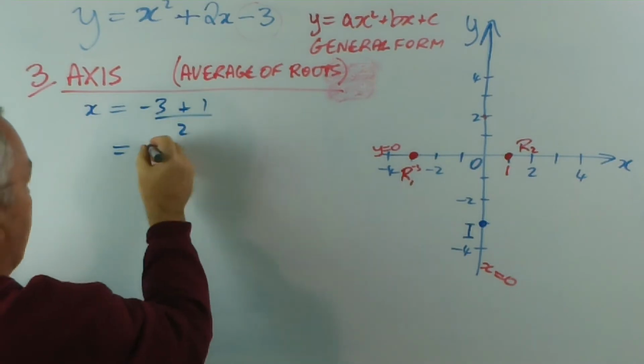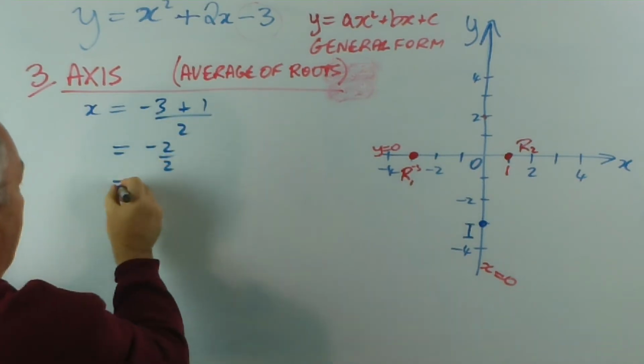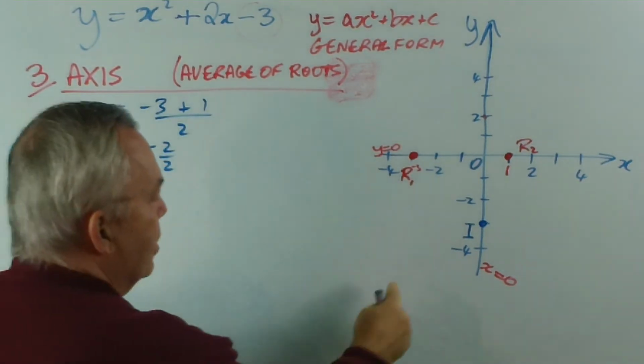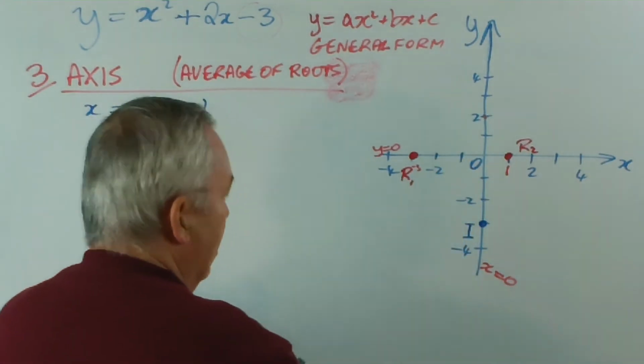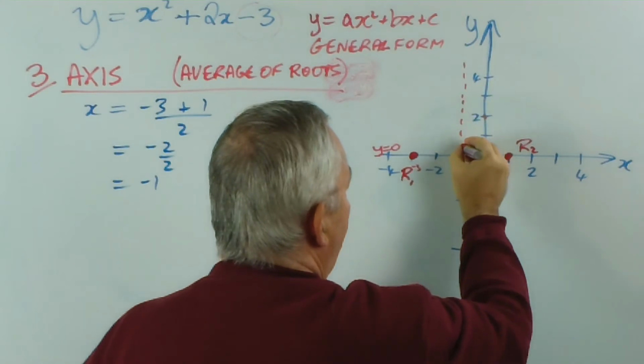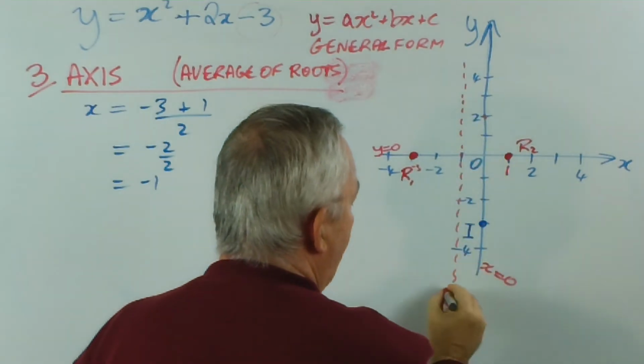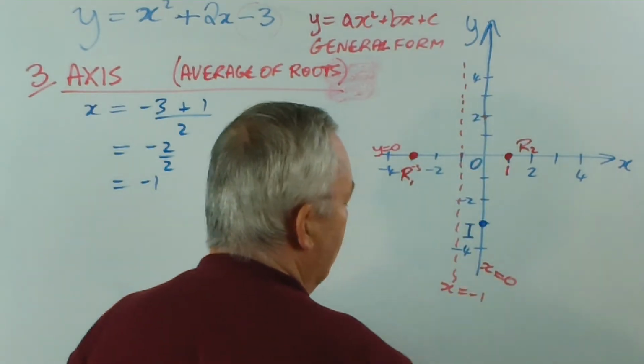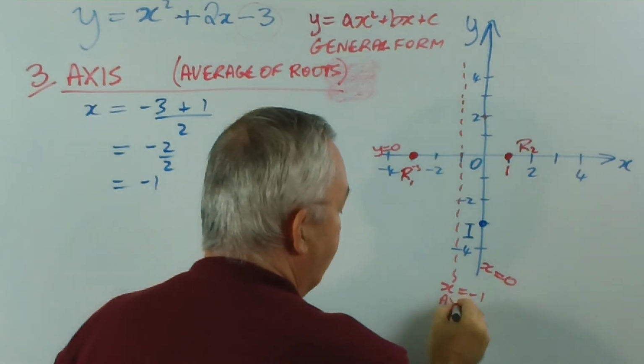Now, -3 +1 is -2, so it's at the position -1. And I'm going to draw it here in red, and label it x equals -1. I can even write the word axis on it.